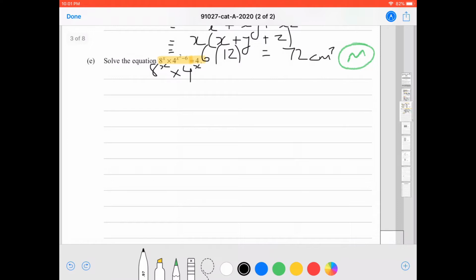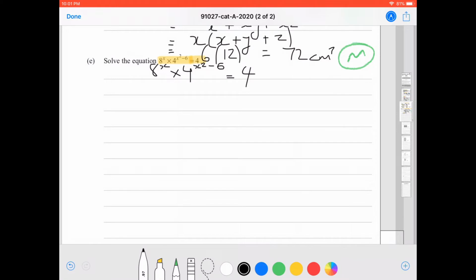And for this question, you might be tempted to, well, in fact, you shouldn't be tempted to divide by, I was going to say 8, but we've got 8 to the power of x there, which makes it even more complicated.